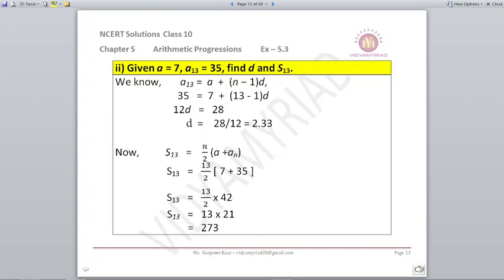And we have to find out the value of S13. S13 is equal to n upon 2 into a plus an. An is given to us as 35. So n is 13, so 13 upon 2, a is 7, an is 35. Solve this, you get the value 273.